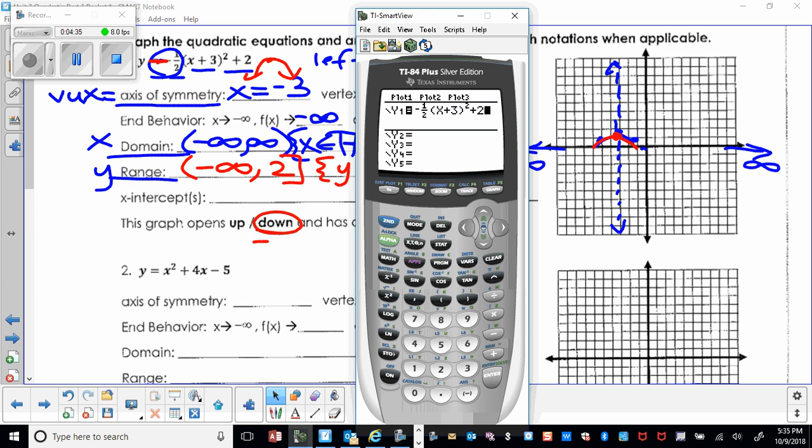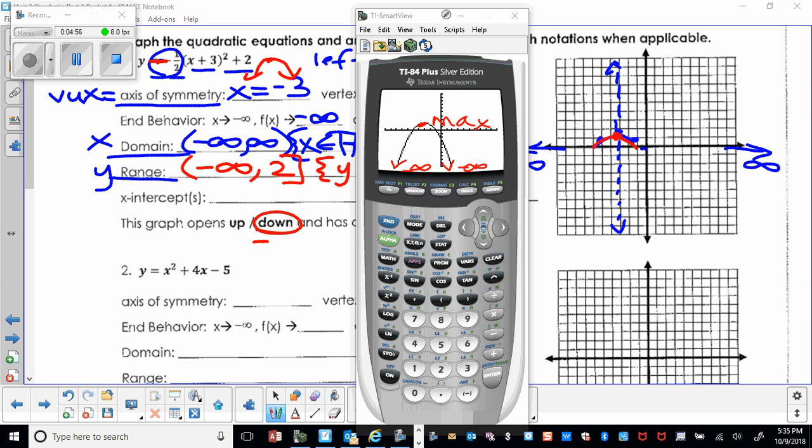Okay, and then I'll look at the graph of that. So there it is. Okay, and again, I can tell, here's my end behavior going down to negative infinity on both ends. And then again, this up here, this is the maximum. That vertex is a max.